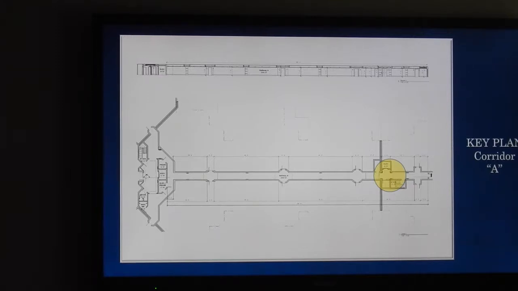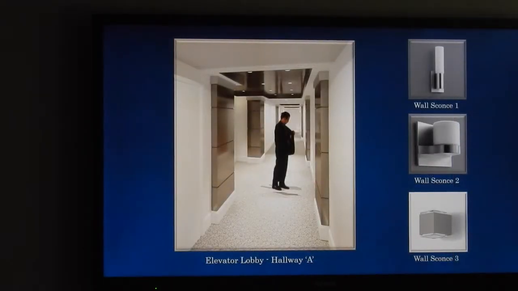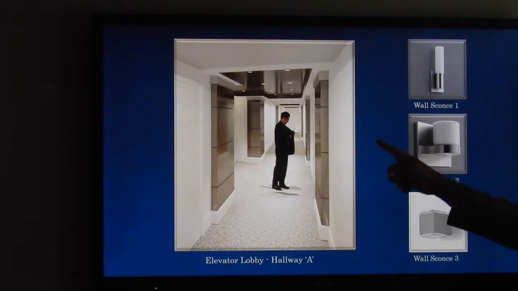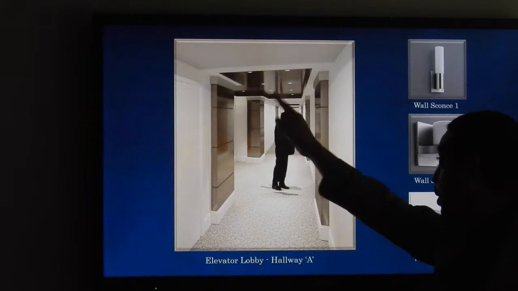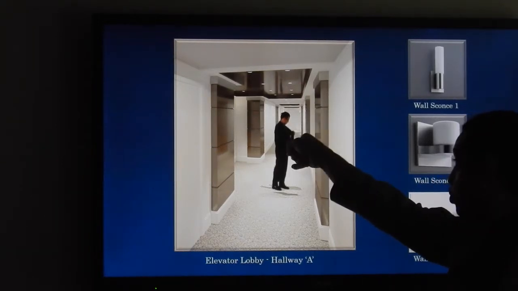So we created an element which tells you this is where it will be from a distance. This is what it would look like as you approach it. We have these pilasters, almost like a doorway, which tells you when you go through this area, your stair and your elevators are within this little pod. The ceiling also gives you a layout of the entry to the elevator here, and your stairwell is right here.